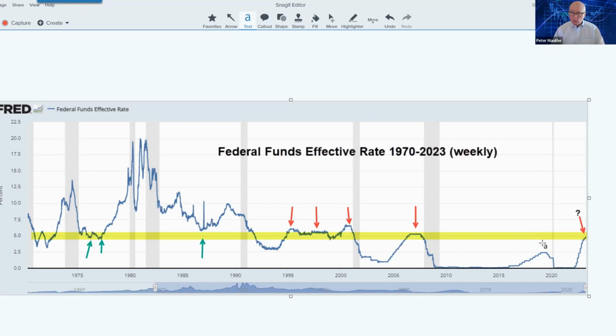If this is going to be one of those times like we've seen in the last 30 years, then we can expect interest rates to begin to top out in this 5% area, which means we're pretty much done with the interest rate hiking cycle.